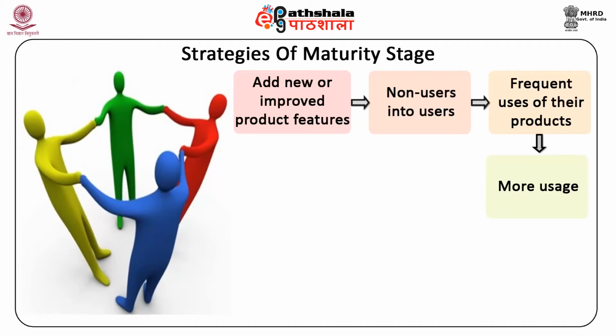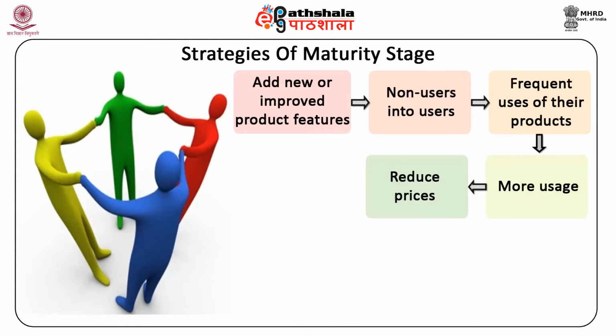Next, even more usage per occasion can be recommended. For example, Milkmaid distributing Milkmaid recipe books free to the customers to suggest frequent and more usage of their product in various recipes. Next, a company will have to try hard to win over the competitors' customers.